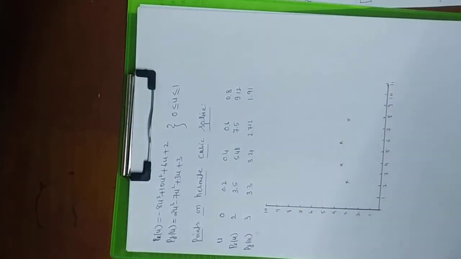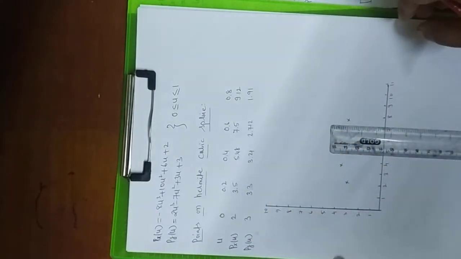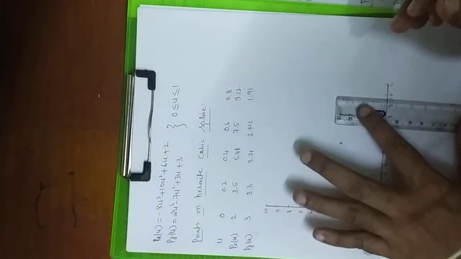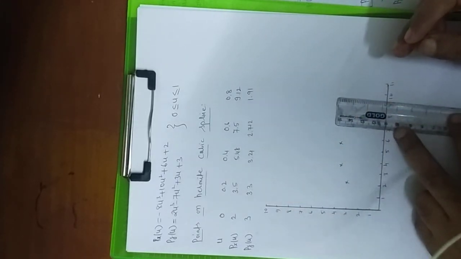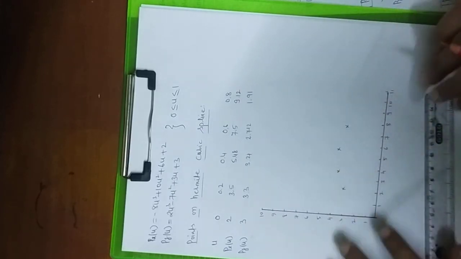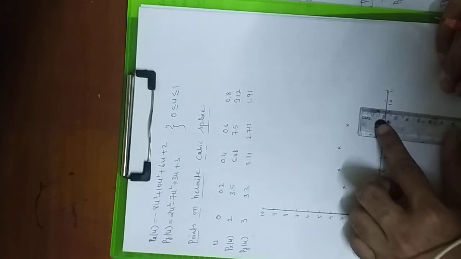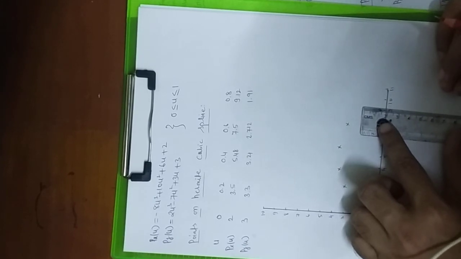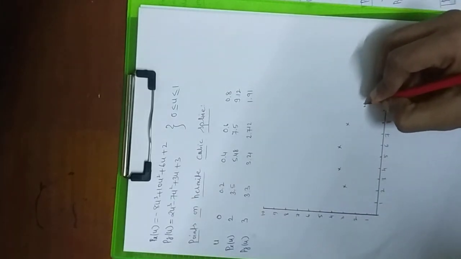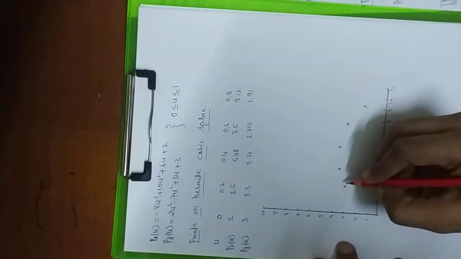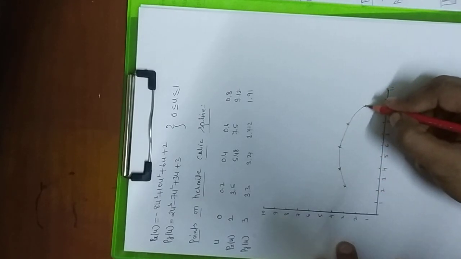Okay, next 9.12 and 1.9. Easily I can take it, this is 9.12 and this will be here. Okay, and after this I will connect all the points.